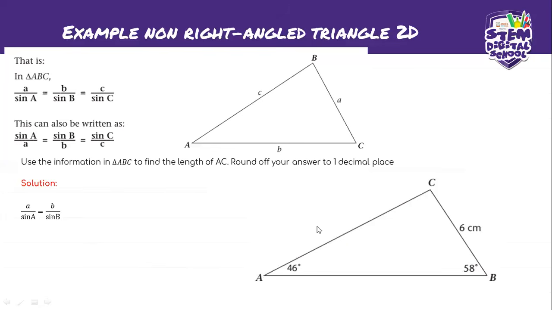Then remember, I cannot include this angle C together with the side AB, because our question says we should find the length of AC.